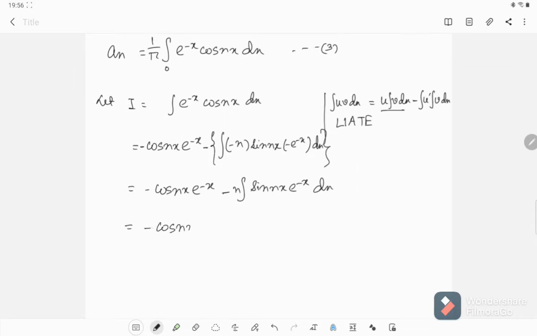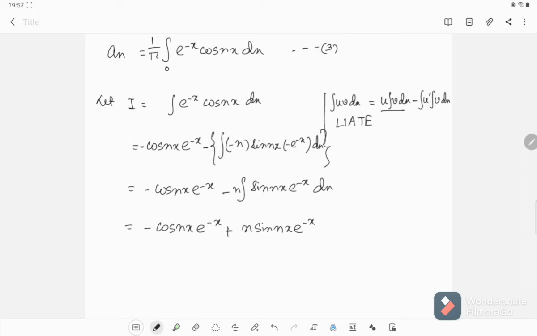Let's do it. So again I will get this out of this integration, and the e to the power minus x integration will produce another minus e to the power minus x. So it should be this.